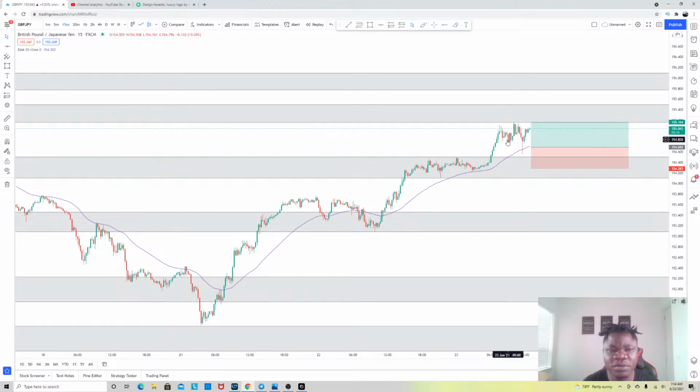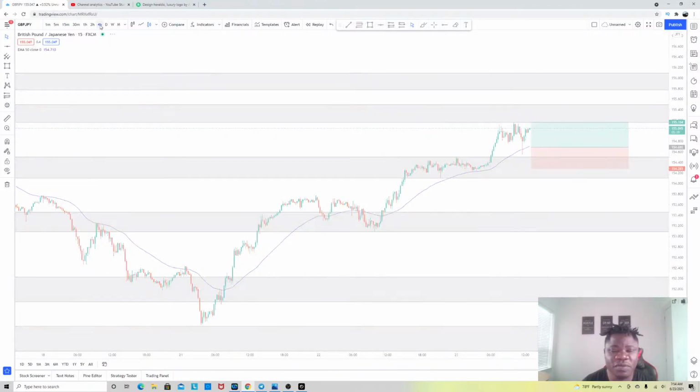But right now, we're in consolidation. So this is not a good time to get in. You're not going to have a good entry right now. So you're just going to have to wait for that to happen.